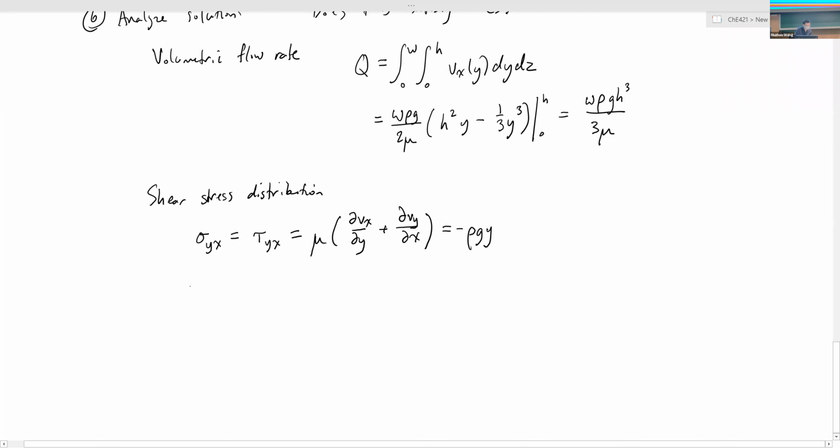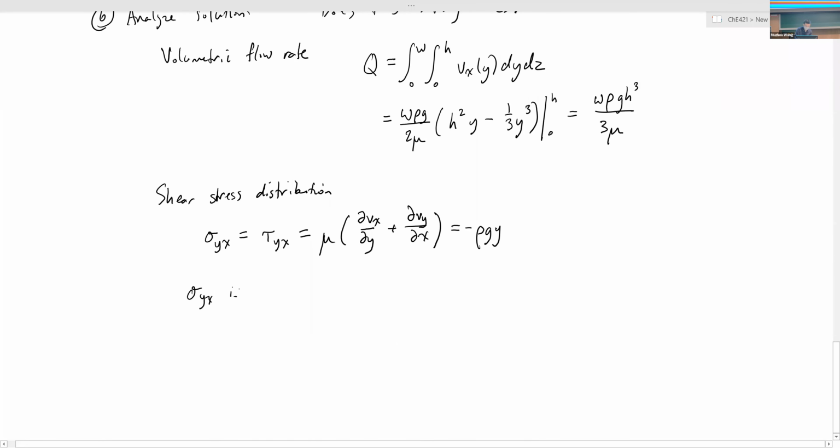means, let me write it out in a sentence, sigma yx is the x component of the force on a plane normal to EY, right?